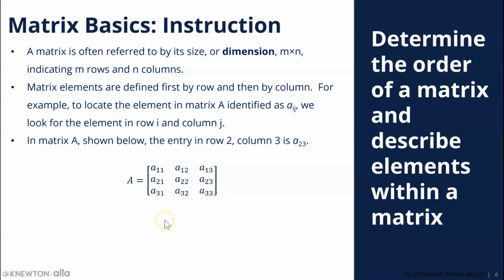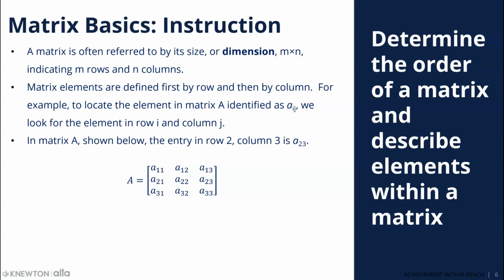And then the second number you mention is the number of columns. So you have 1, 2, 3 columns in this case. So this matrix here has a 3 by 3 dimension: 3 rows, 3 columns.